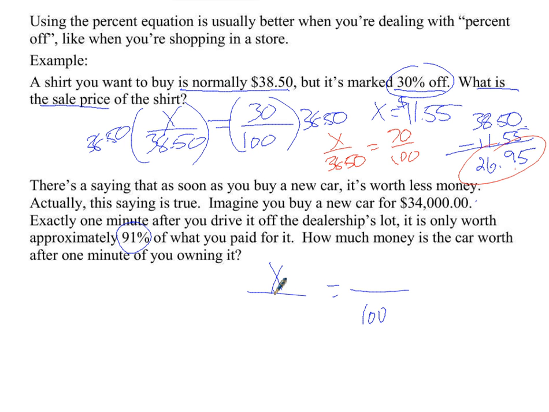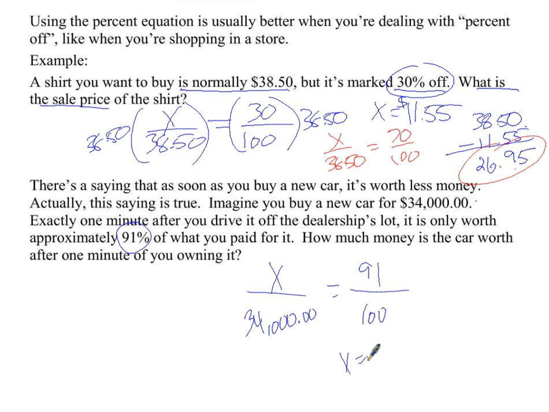And the original price goes on the bottom, $34,000. Pretty nice car probably for $34,000. Maybe it's a truck, I don't know. It's only worth 91%, so I put that 91% because it's not a sale price. It's not like I lost 91%. It is worth 91%. So that would be 0.91 right there, and then I multiply it times $34,000.